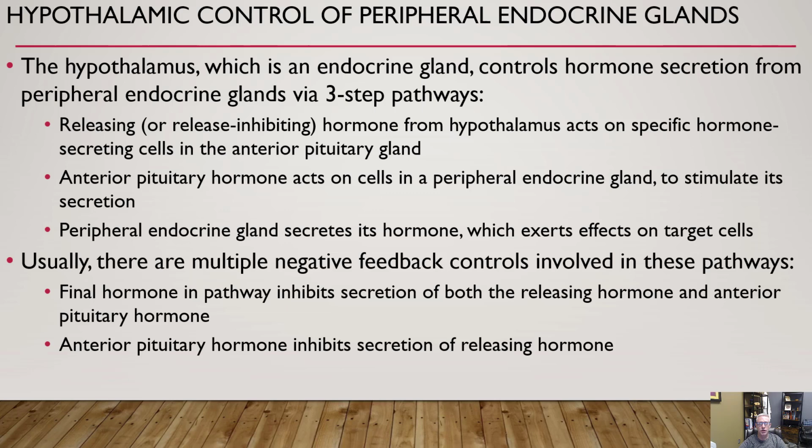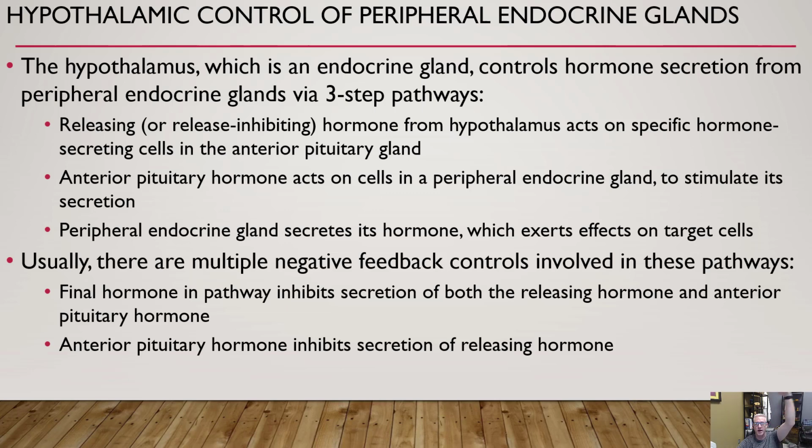All right, so how does the hypothalamus control peripheral endocrine glands? Remember, we had that three-step process. We have releasing or inhibiting hormones from the hypothalamus. The anterior pituitary hormones act on cells and peripheral glands.